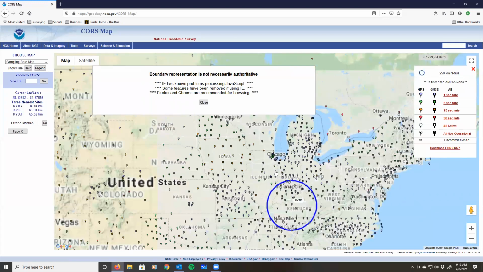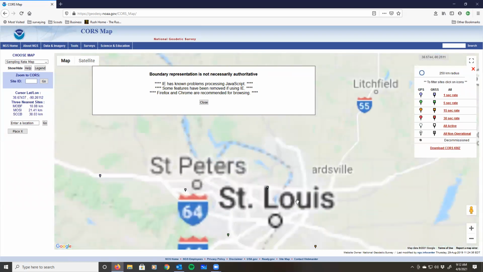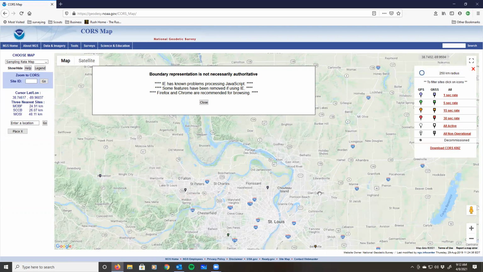But you can zoom in on this area, for example.